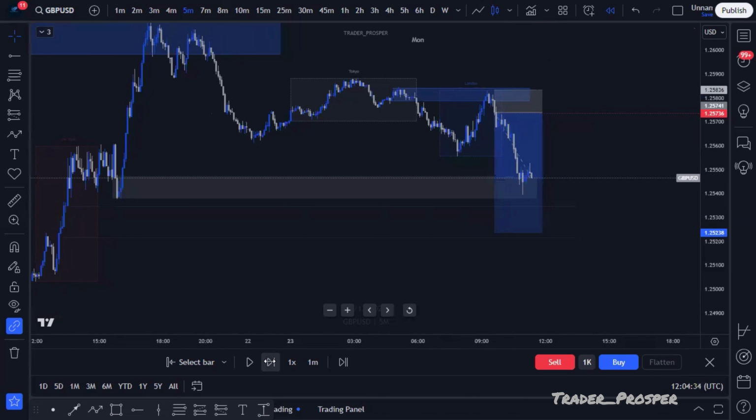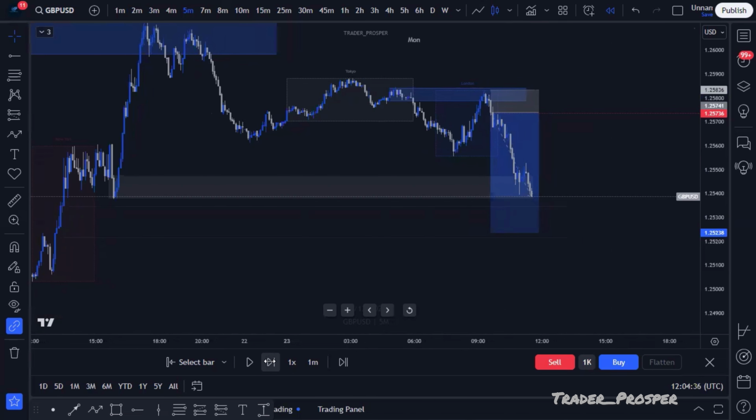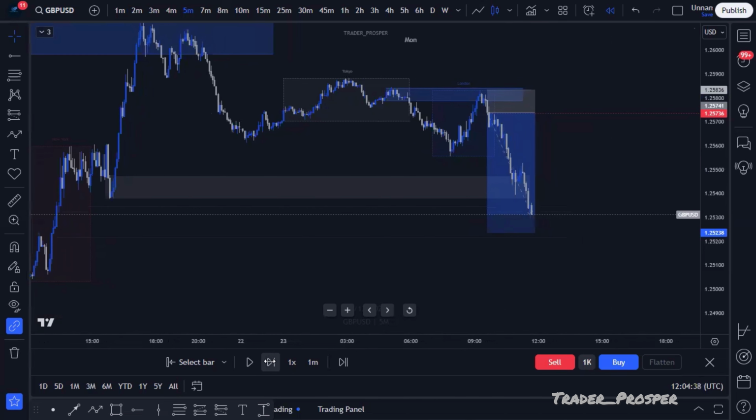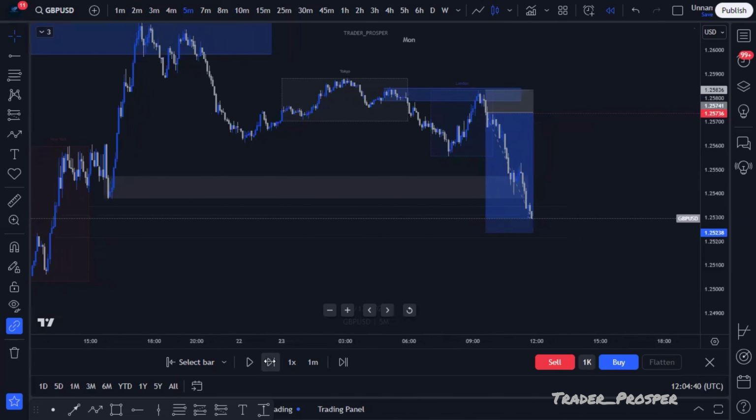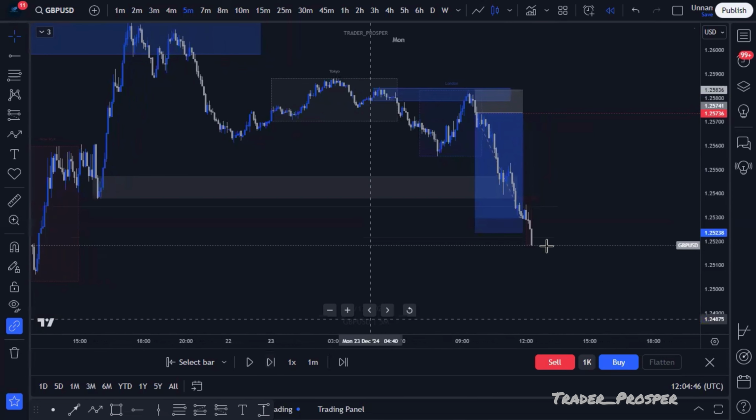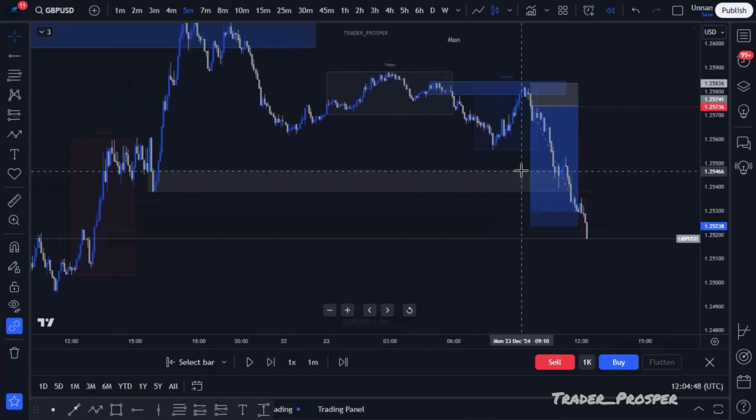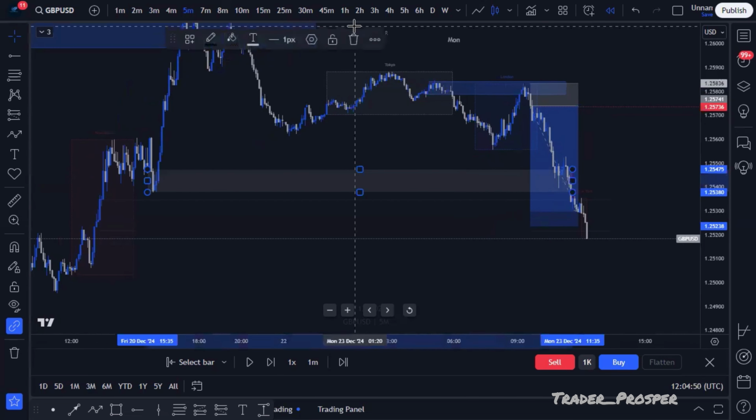Okay, all right. We are almost at TP now, and already it's New York session. So TP hit, I'm going to take this one out. So this is TP hit already, and you can see that there is another demand zone at this point here.